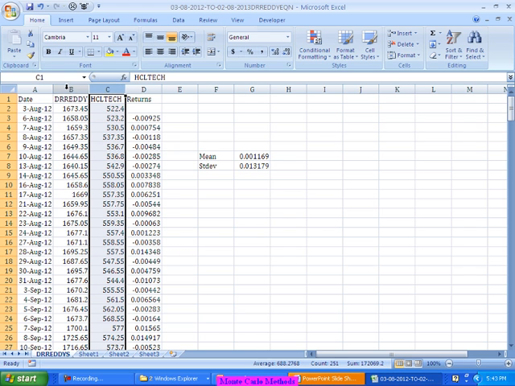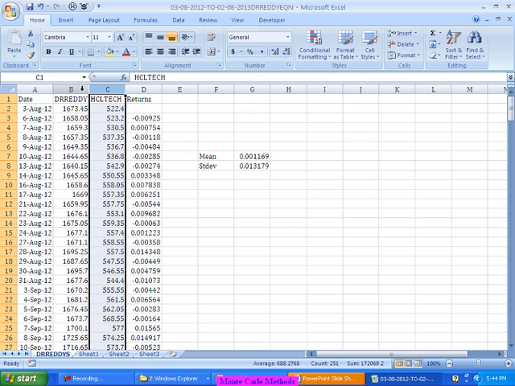I can say this follows one random variable and this follows another random variable. If I do that, I am assuming that these two movements are completely independent. That is the assumption I am going with.